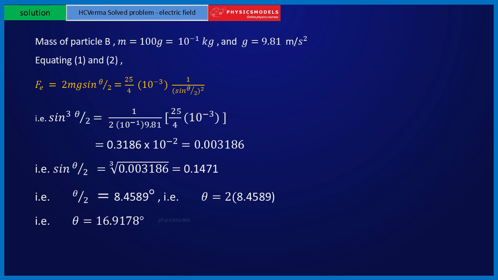So taking a cube root of that, you will get sine theta by 2 is 0.1471, and therefore the angle theta by 2 is 8.4589 degrees, and therefore theta is twice of that, and that's 16.9178 degrees to be very exact. That's the answer to the problem.